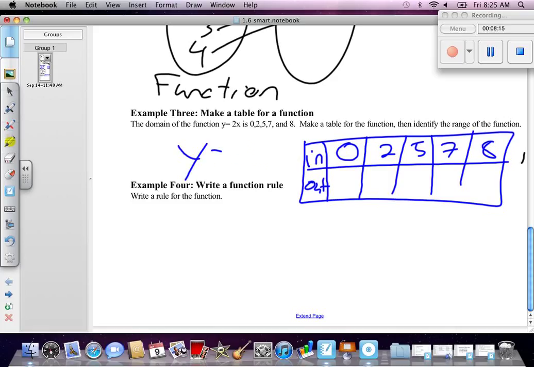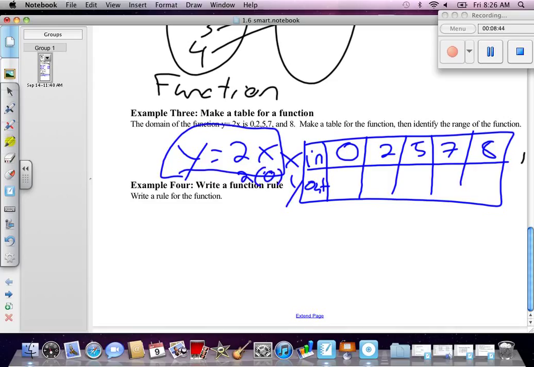Okay, now I've got the function y equals 2x. How do I find out what the output is? Inputs are x, outputs are y. So I'm going to take those x values, those inputs, that domain, and plug it in. 0 is my x, so I multiply 2x by 0, it goes in for x.